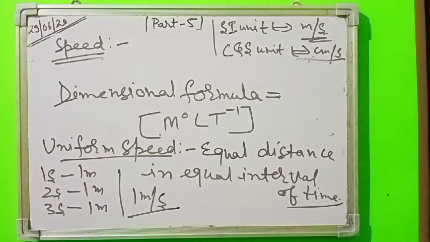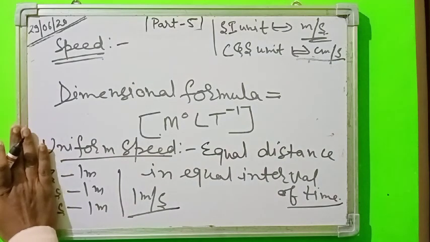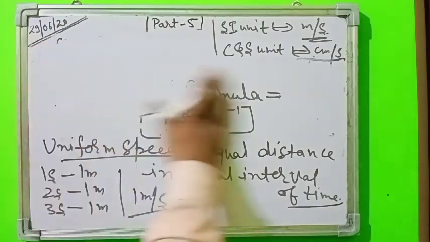So this is uniform speed, and the next is non-uniform speed.